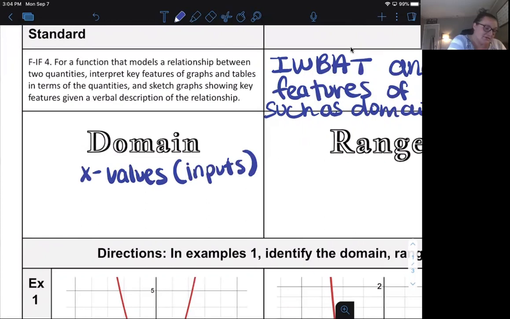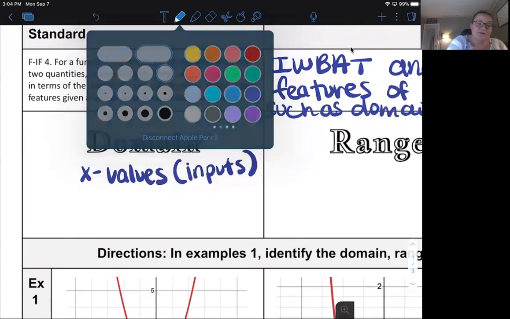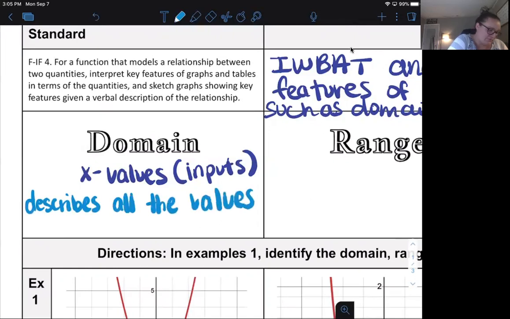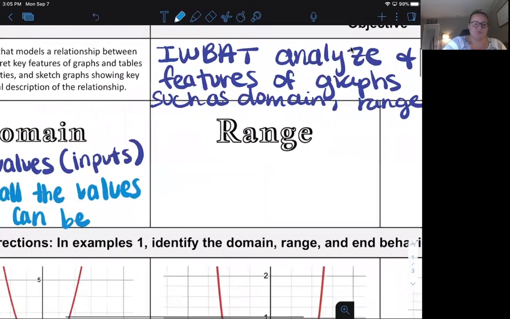And the domain basically describes everything that x can be for that function or for that graph, what you're allowed to use on that graph, what x values you can use for that function or that relation.